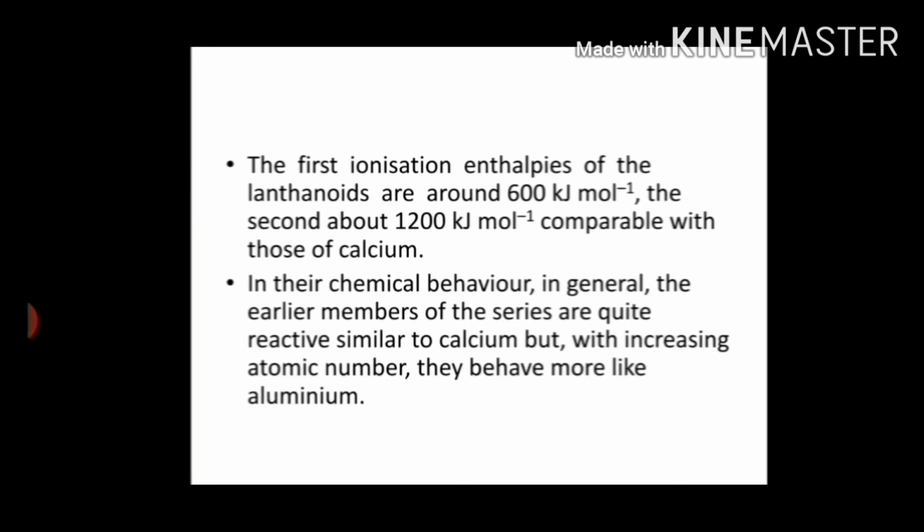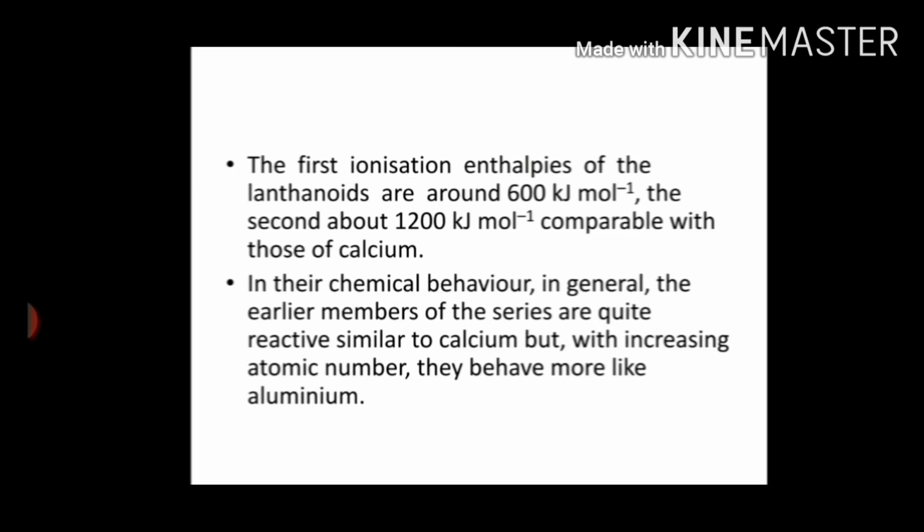Lanthanoids have fairly low ionization enthalpies, due to which they have high electropositive character, and their first and second ionization enthalpy values are quite comparable to those of alkaline earth metals, particularly calcium.